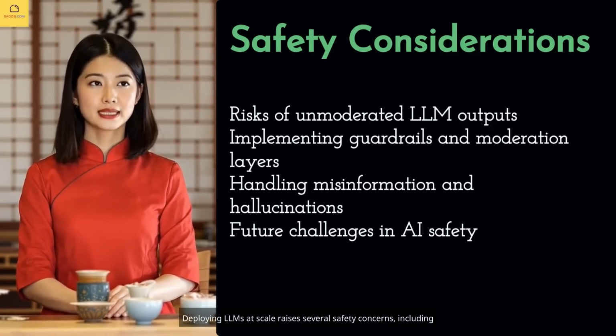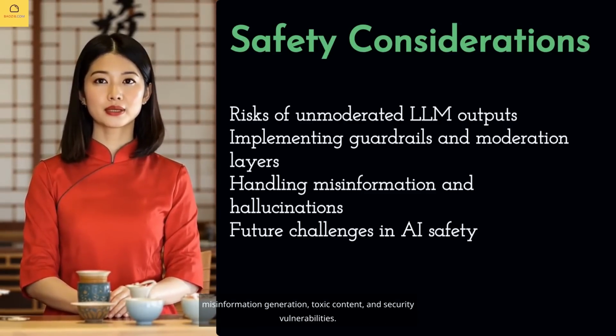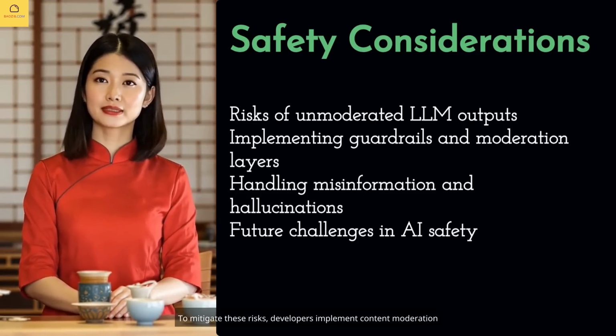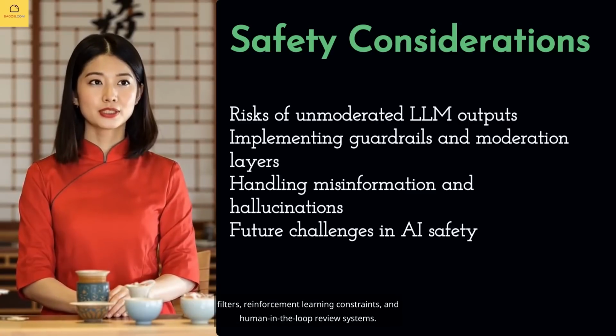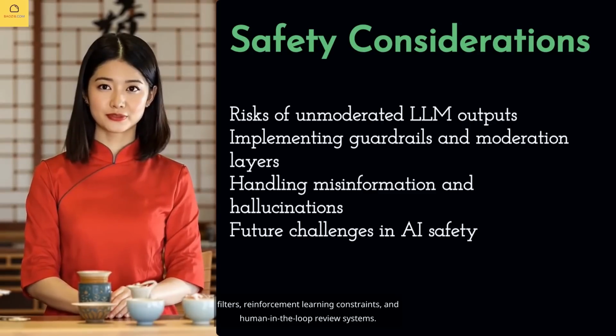Deploying LLMs at scale raises several safety concerns, including misinformation generation, toxic content, and security vulnerabilities. To mitigate these risks, developers implement content moderation filters, reinforcement learning constraints, and human-in-the-loop review systems.